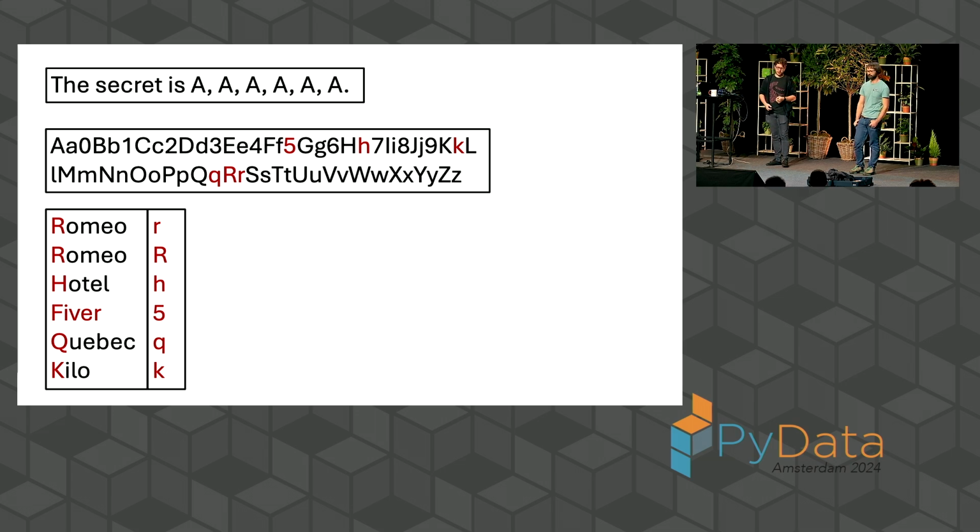But in this case, we got Romeo, Romeo, Hotel, Fiver, Quebec, Kilo, which, with the previously known information of what is capital, what is lowercase, and the number 5, we could have guessed from the NATO. We were able to basically have the order, we have the characters. The only thing left to do here was, does it start with a capital or lowercase r? We tried this one, got lucky the first try.